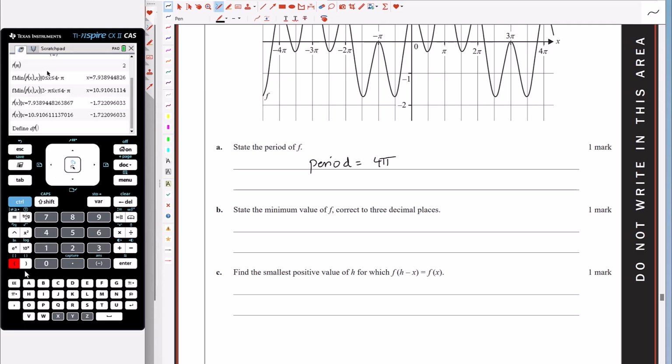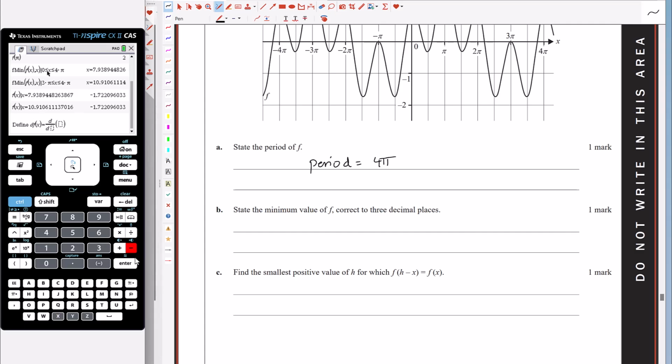I'm going to define my derivative of f as being derivative of f. If I were to solve the derivative of f equal to 0 over that domain, actually it's going to give me more than this though, because it's also going to give me the maximums when I do the derivative.